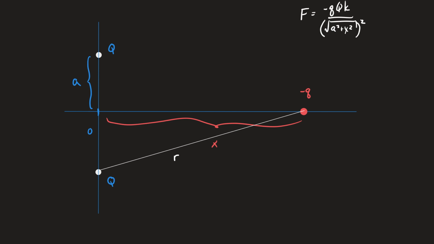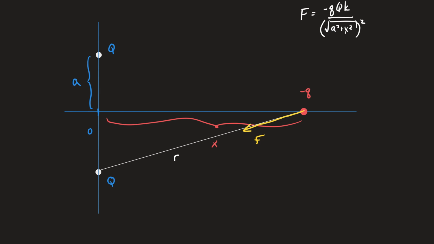Let's talk about symmetry again. This force is in this direction. Do we see the symmetry in this problem? So do you recognize that there's going to be an equal sized force on the other side of the x-axis that's going to point in a similar direction? So we only want a portion of this force.